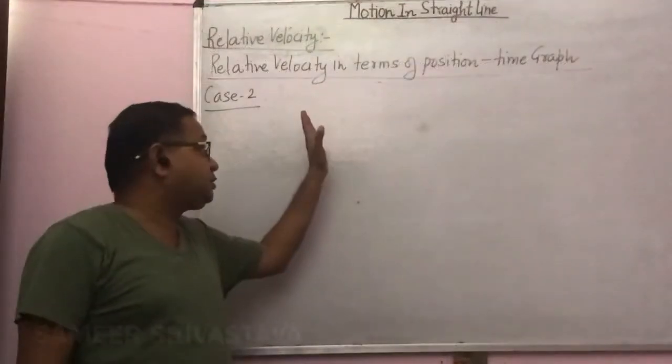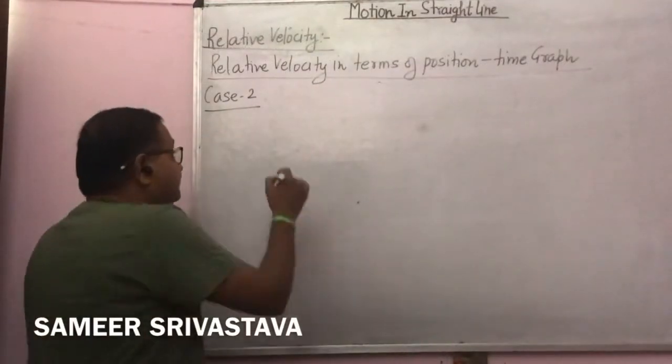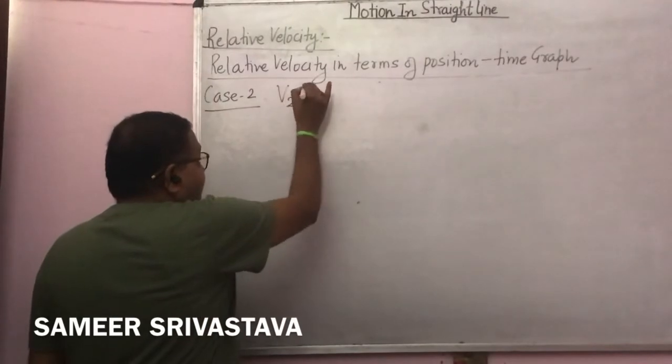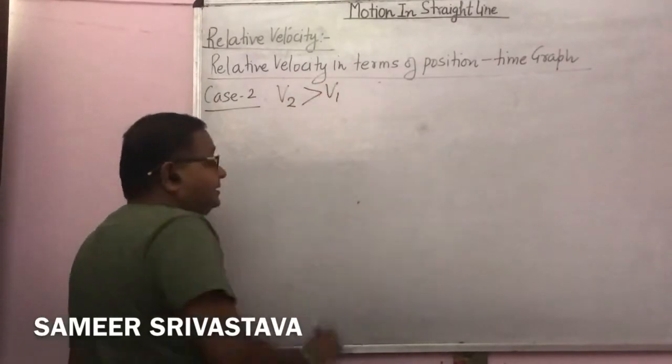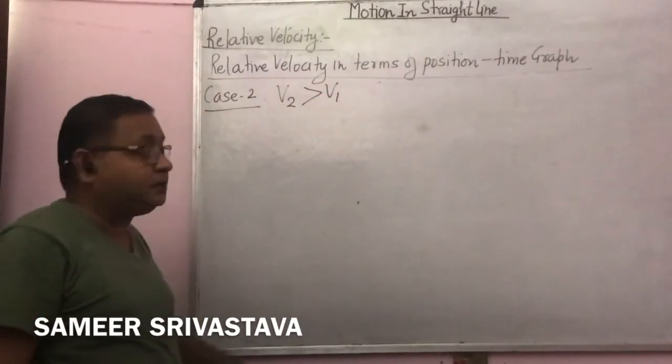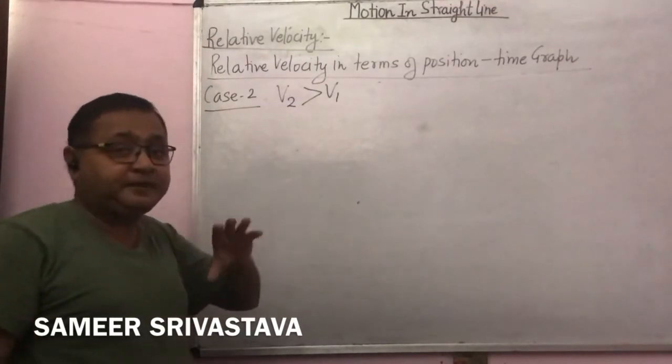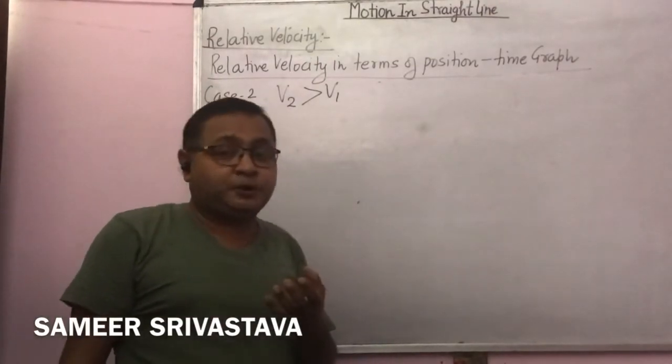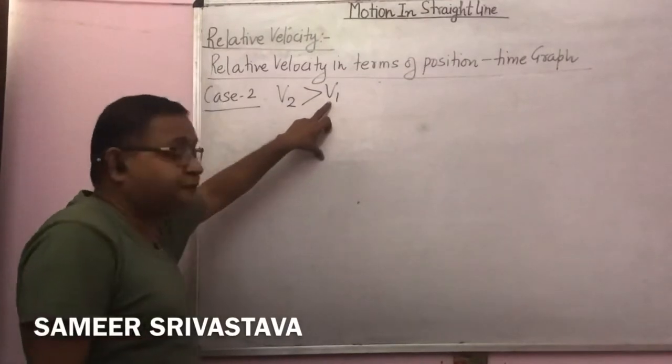Okay, now I am going to the second case. Now students, case 2. In case 2, we say the velocity of the second object is greater than the velocity of the first object.